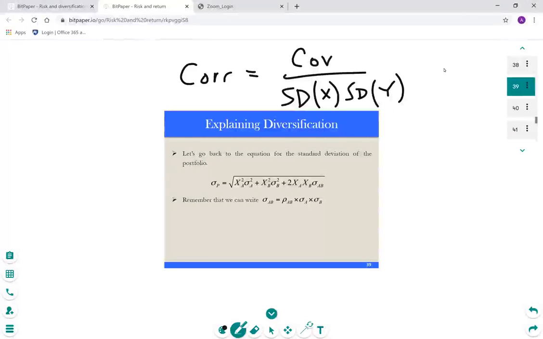Now, if we remember this fundamental relationship from before, I'm just putting it up here above the slide, where the correlation is equal to the covariance divided by the product of the individual standard deviations. If we remember that, then we can actually rearrange this to express the covariance as the product of the correlation times the individual standard deviations.